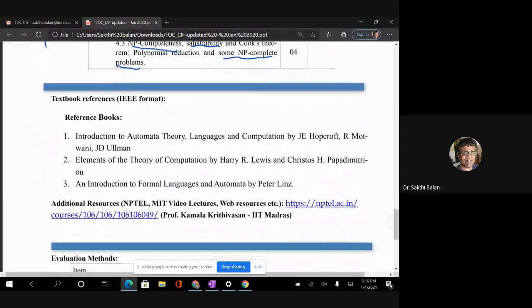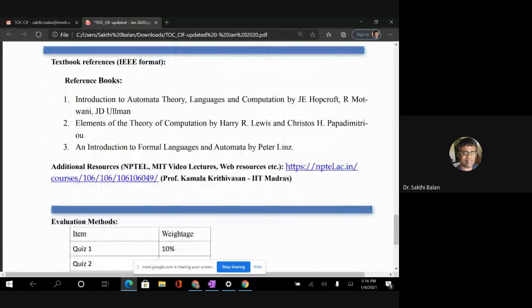Okay, and these are the reference books. The Introduction to Automata Theory, which is the first one, by Hopcroft, Motwani, and Ullman is the most popular book for automata theory, and I'm going to refer to this mainly. So this is my main book actually, and these two will be supporting books actually.